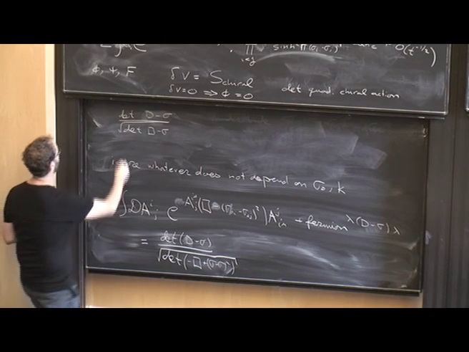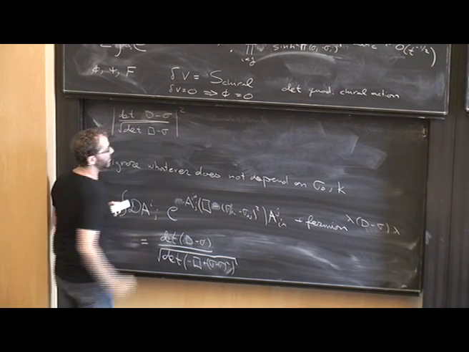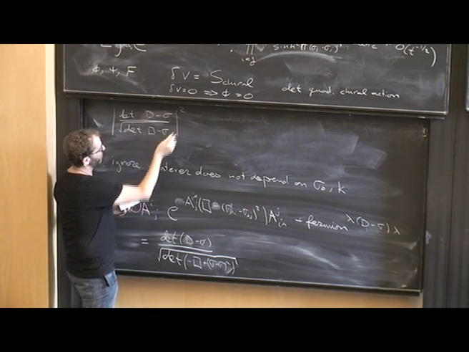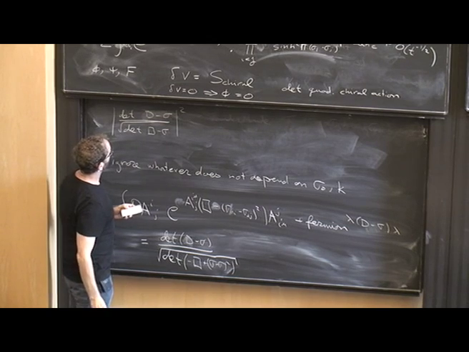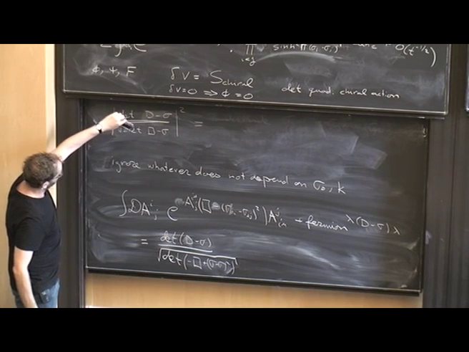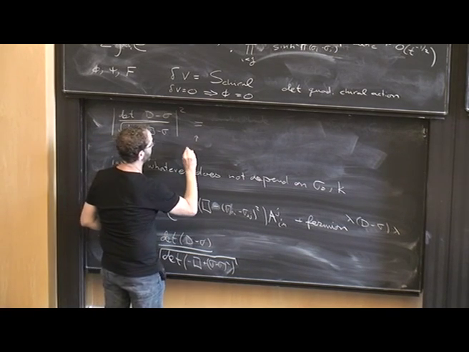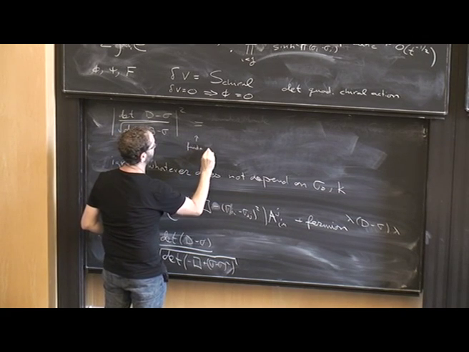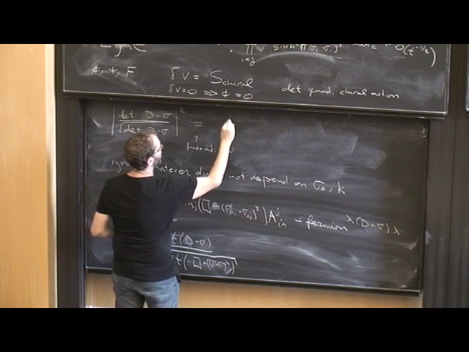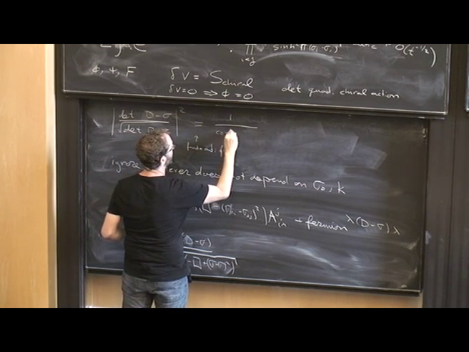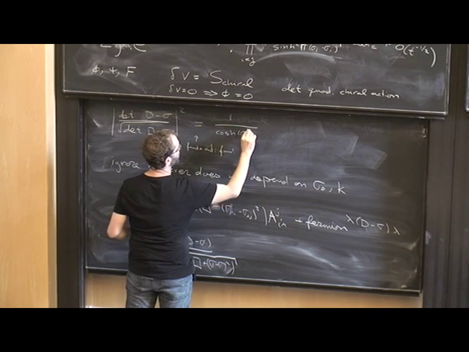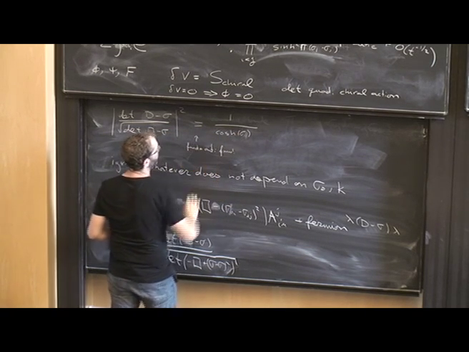In the case that will be relevant for us, if you take this mod square, which means you have matter charged under conjugate representations, so this is for fundamental plus anti-fundamental, the result will be 1 over cosh of sigma, with the appropriate charges.